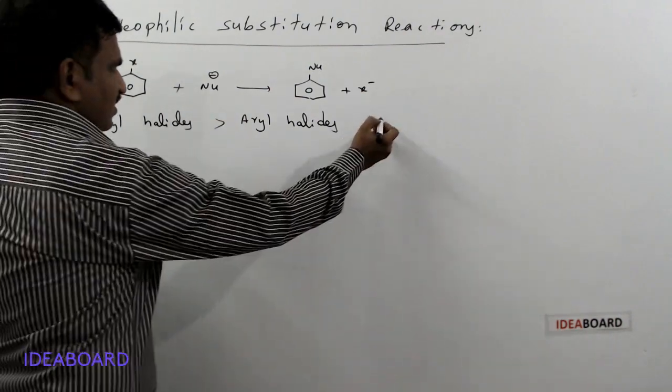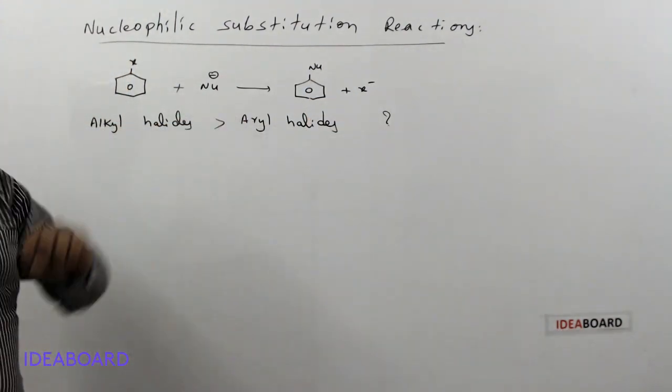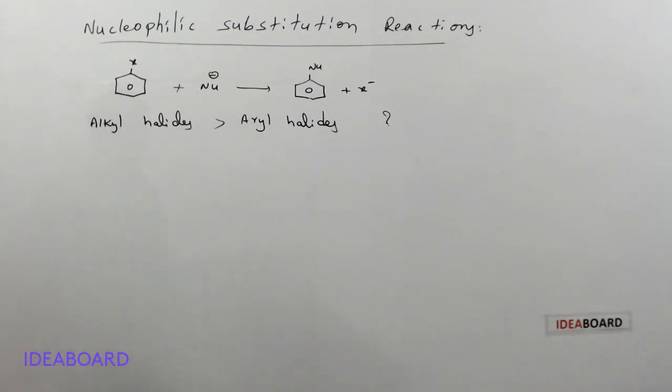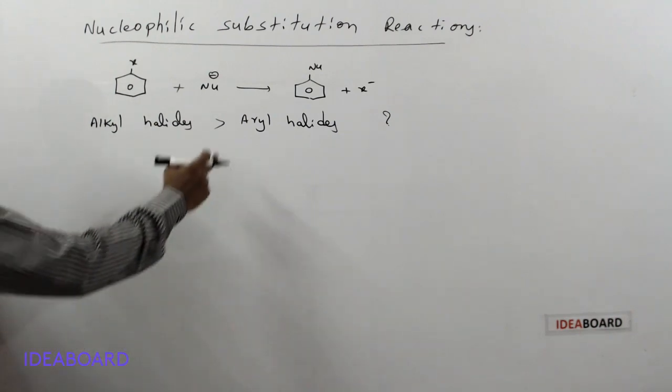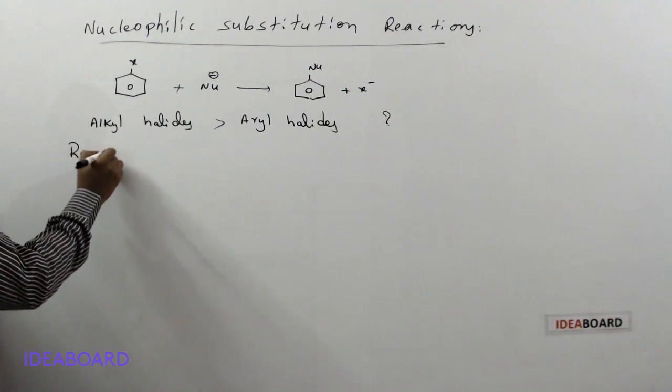Why do alkyl halides show more reactivity, and why are aryl halides less reactive towards nucleophilic substitution reactions?